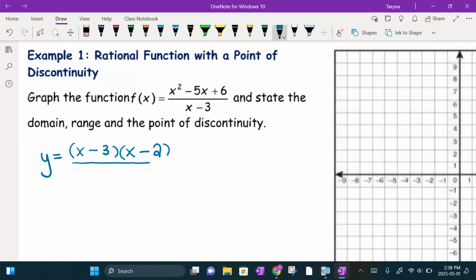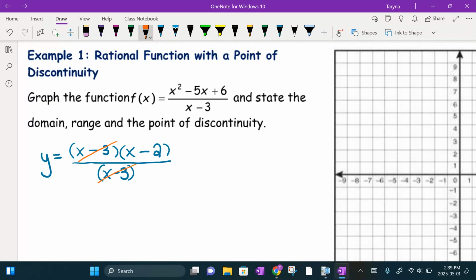So this now is all over x minus 3. Back to our rational functions and equations brain from our last course. What can we do with those x minus 3's? That's why all of a sudden, what's left? x minus 2 is just a linear line. That's why on the calculator you see with your eye a linear line, but is there a restriction on that linear line?